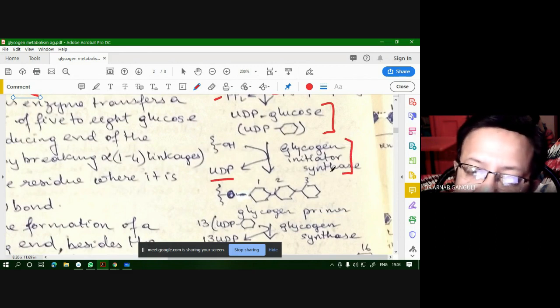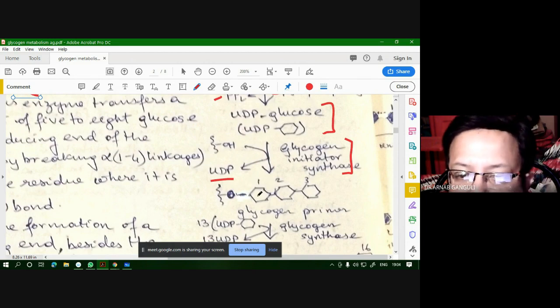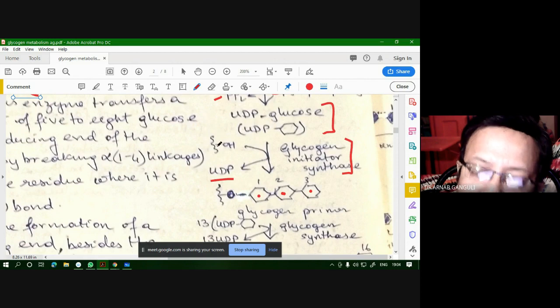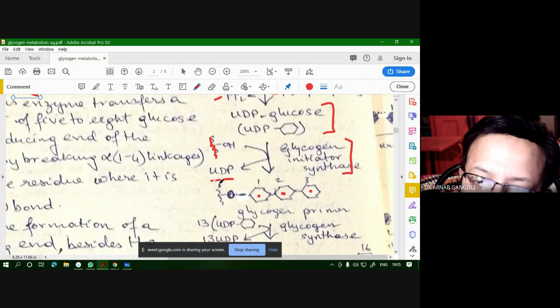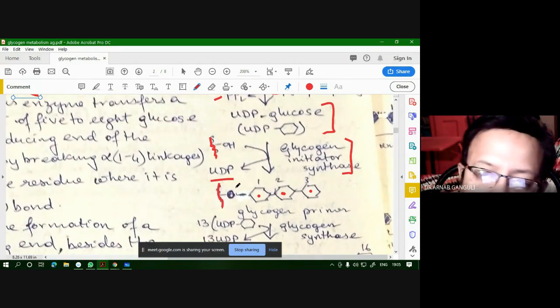You're trying to synthesize first glycogen, second glycogen, the first glucose, second glucose, third glucose. It comes. This is, say, for example, a base. You need a base of a glycogen chain. You cannot start from zero. You need a primer.